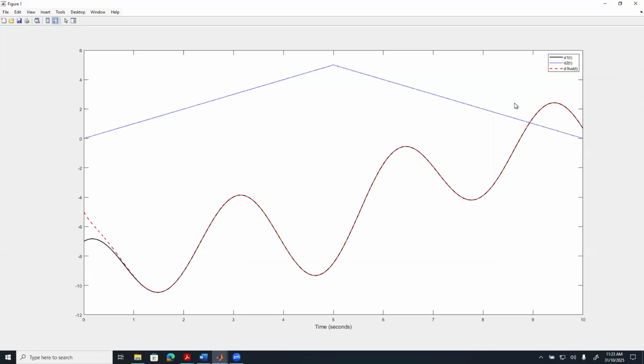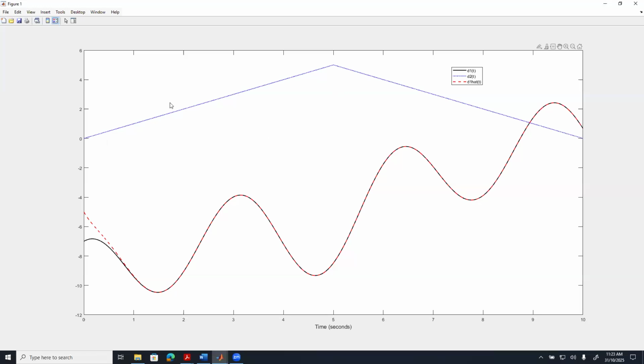So we have here the unknown input, d1 of t, which is the solid line here, and the dashed red line is the estimation of it. And here, this blue dotted line is just another unknown input entering the system.